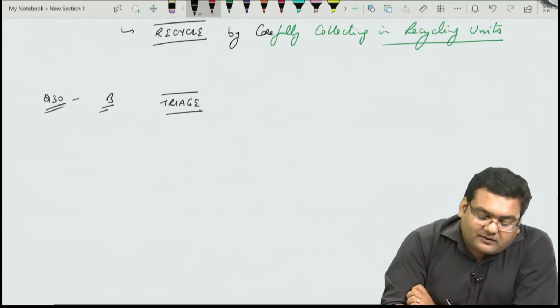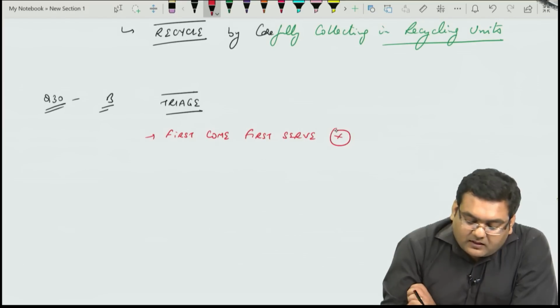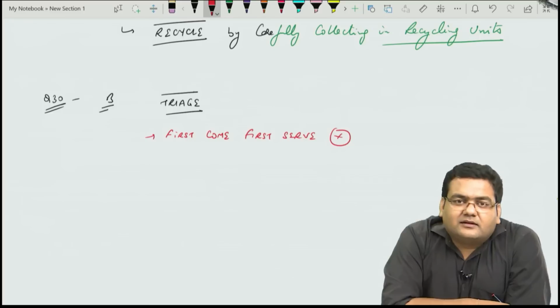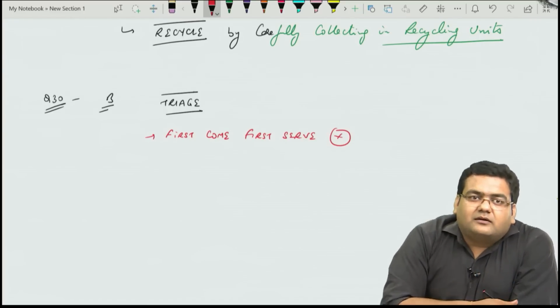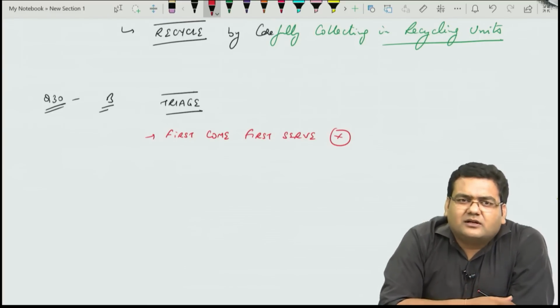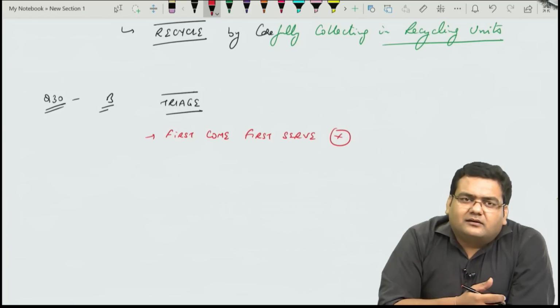Important point here is the first come first served principle is not followed in such emergencies. So triage is an important part which every health functionary or person forms a part of basic training.